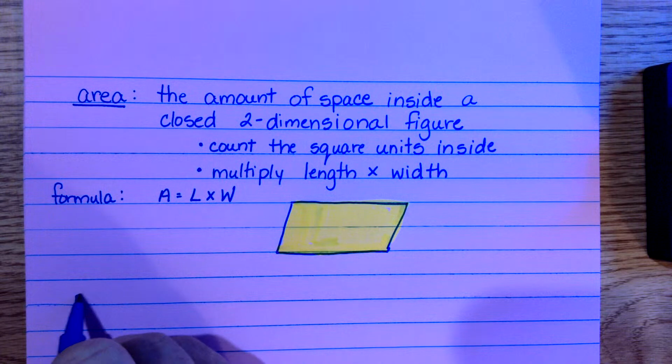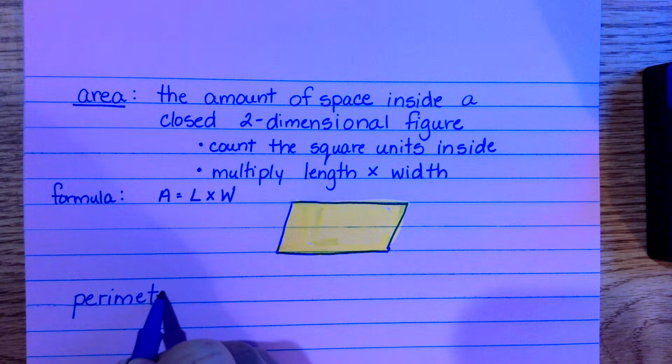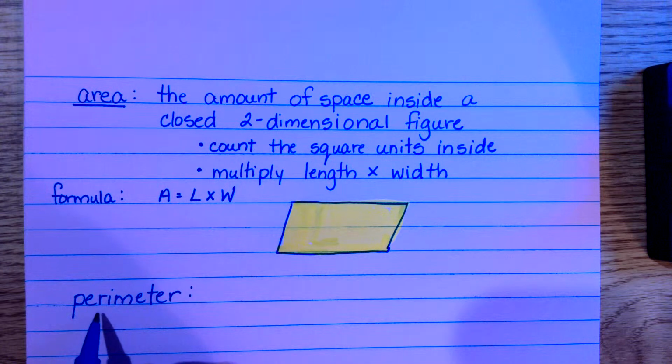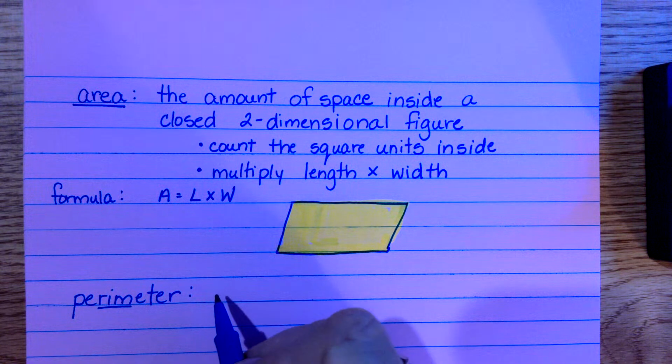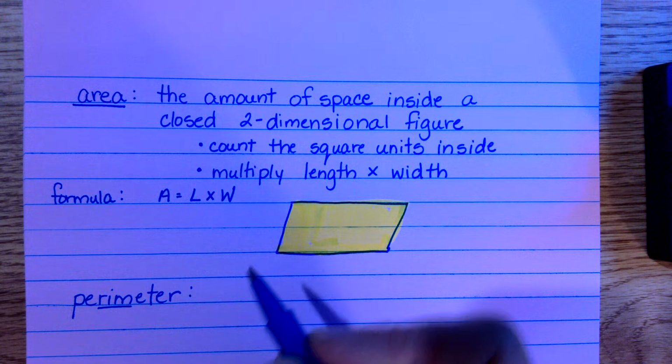The perimeter, so that's area. The perimeter, I always look at the rim, is the distance around the outside, or the distance around a closed two-dimensional figure.